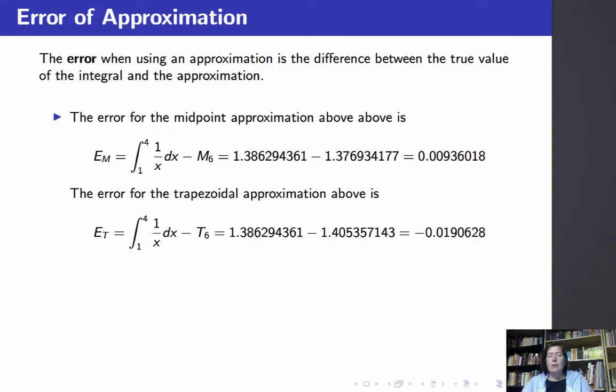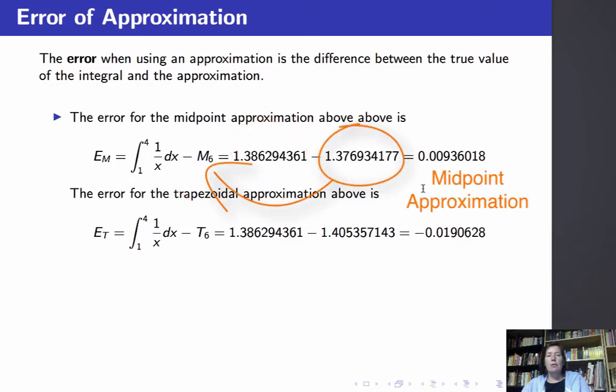Now, for our particular estimates before, we can tell what the error is because we know the actual value of the definite integral up to 100 decimal places if we like. So the error for our midpoint approximation with n equals 6 is the true value of the integral minus the value of our approximation.